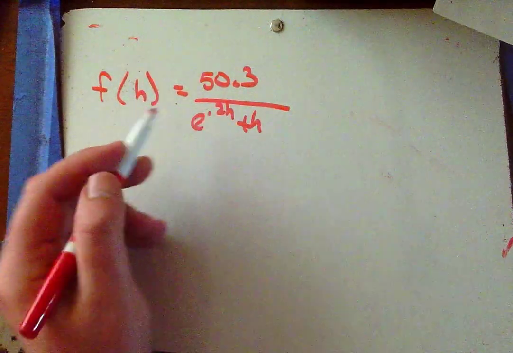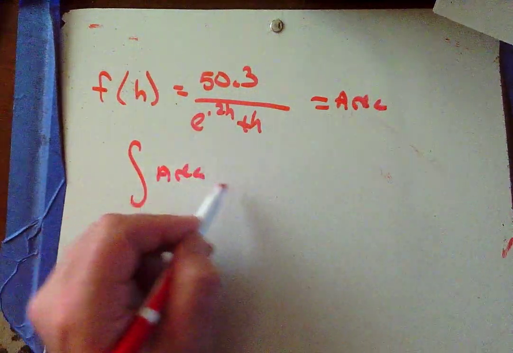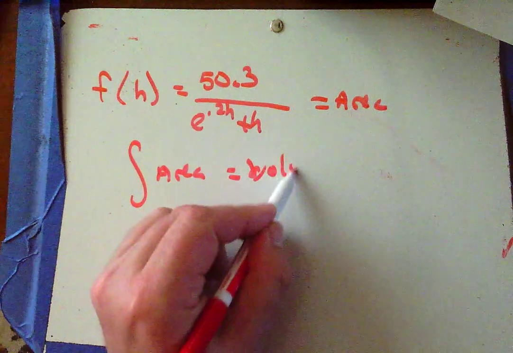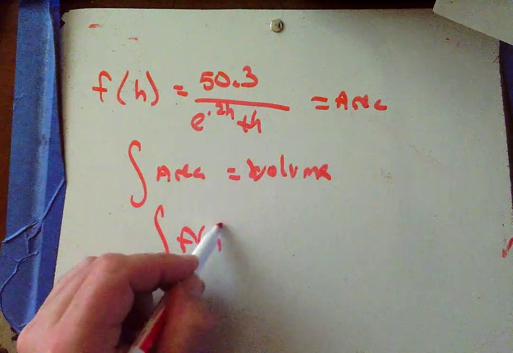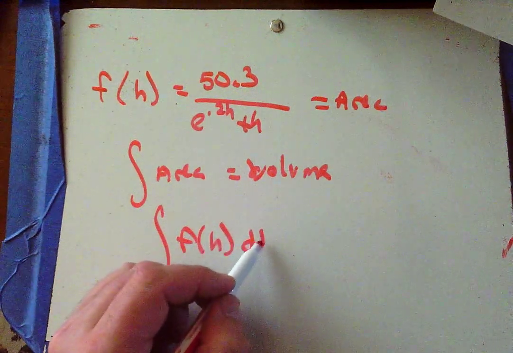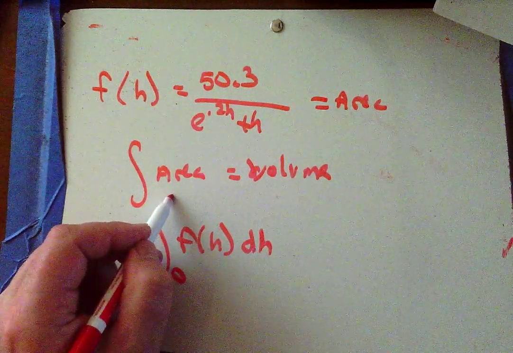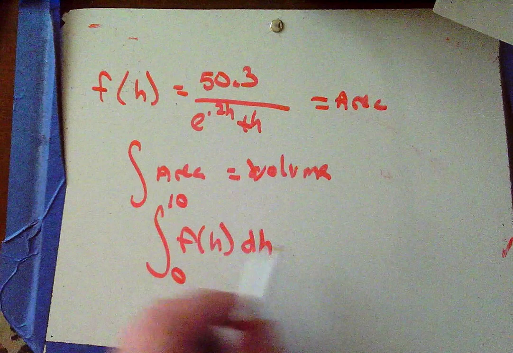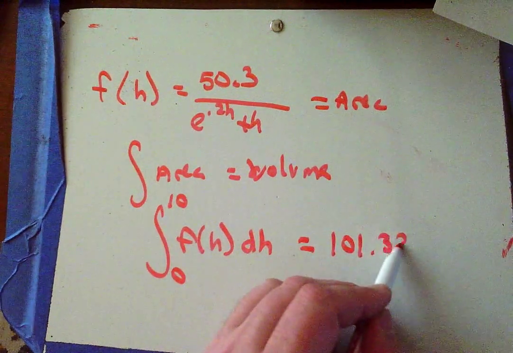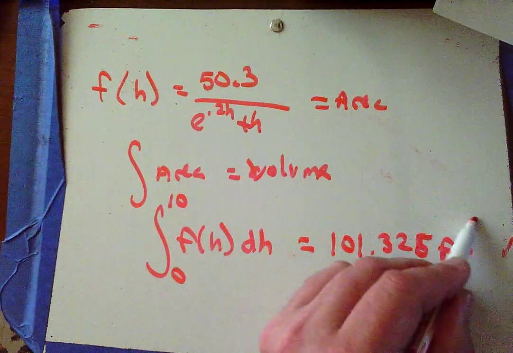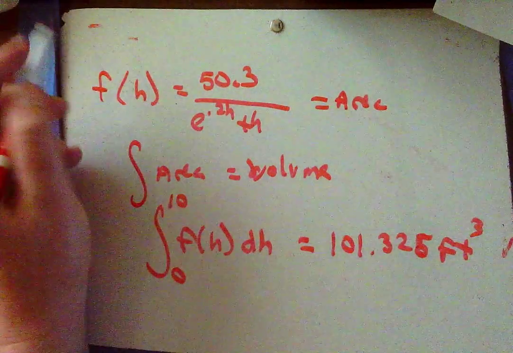Well, if this is area, I know that I'm supposed to integrate area to get volume. So I'm just going to integrate f of h dh from 0 to 10, the height. And when I do this on my calculator, I get 101.325 cubic feet.